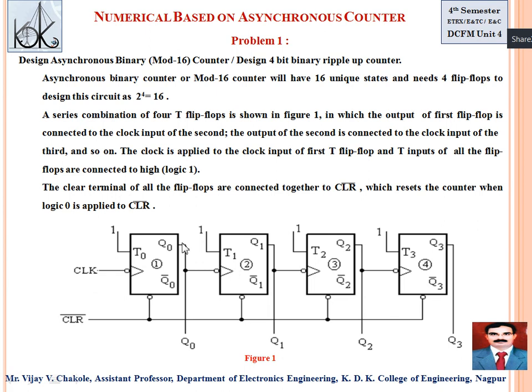You are providing a positive edge, that's why there is no effect on flip-flop 2. So the output Q1, previously 0, is next also 0, right? So Q1 goes from 0 to 0.